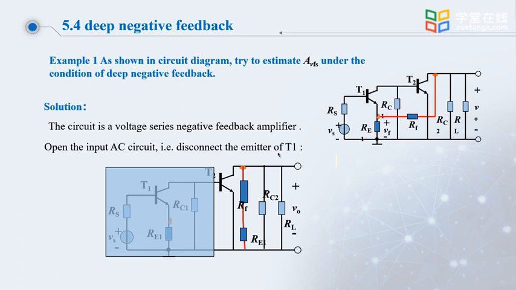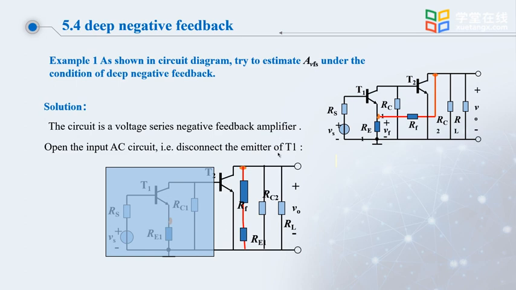There are 4 steps. Everyone must remember them. First, we want to split this original negative feedback amplifier circuit on the output side, taking into account the feedback network load effect on the output side of the basic amplifier, that is, the basic amplifier shown here and the feedback network.